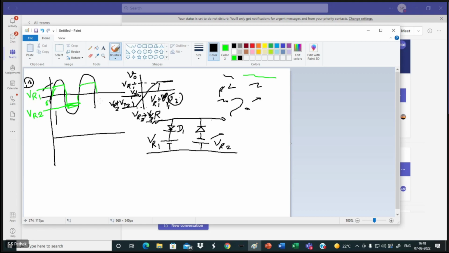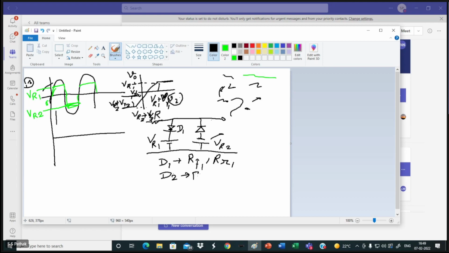Now I am considering the diode resistance. D1 has RF for forward bias and RR for reverse bias, RF1 and RR1, and D2 has the same, RF2 and RR2. Somebody raised a question about how a numerical will be solved.